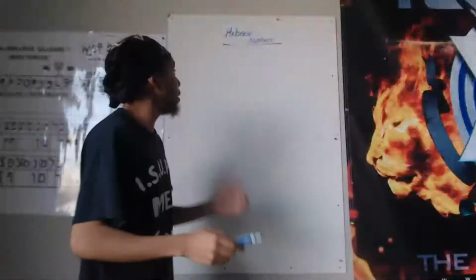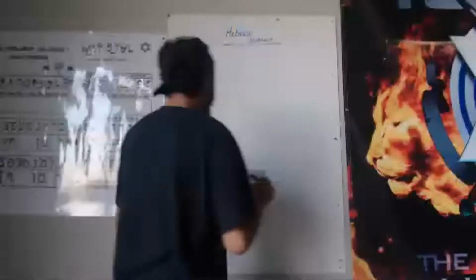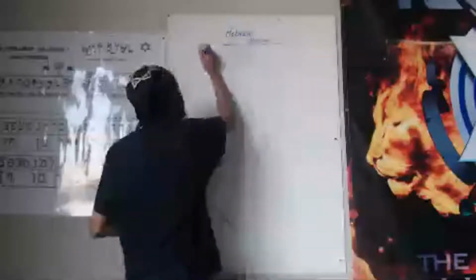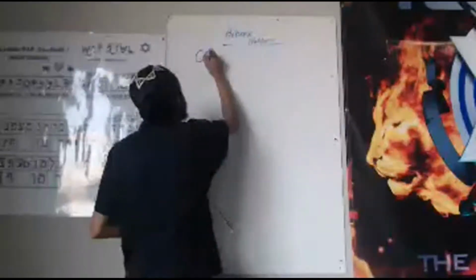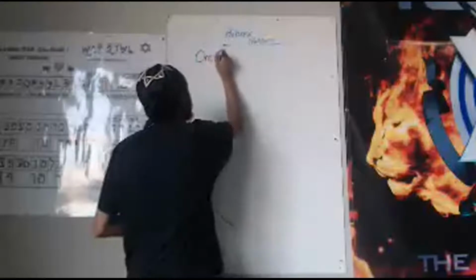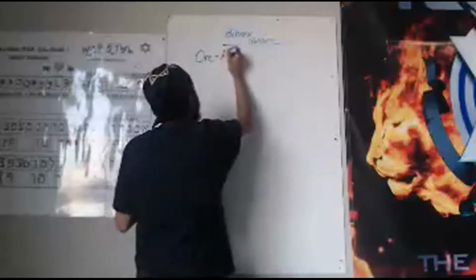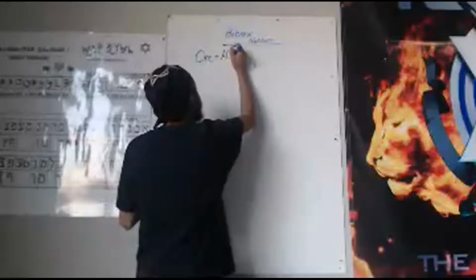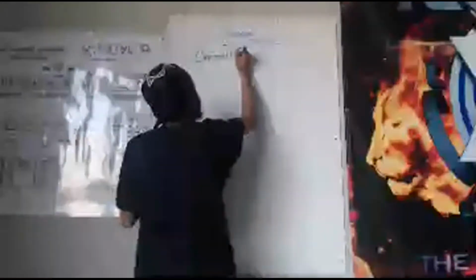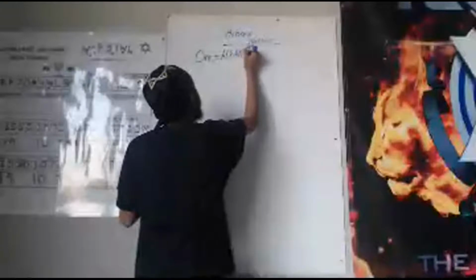Okay, so now we want to get into the Hebrew numbers, all right? And now, so 1. This is how you spell it, and I'm going to pronounce it for you.